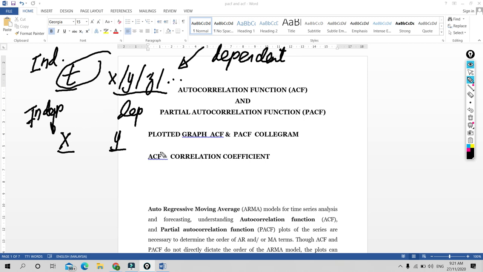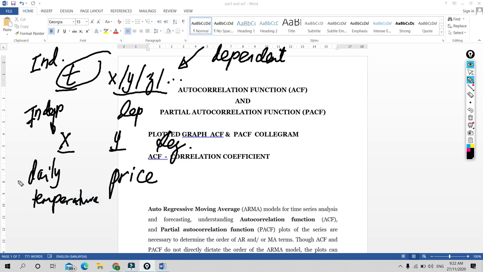Then in a normal regression, you have dependent y, x is independent. Saya ambil contoh lah, the sales of ice cream in terms of money, depend on daily temperature.